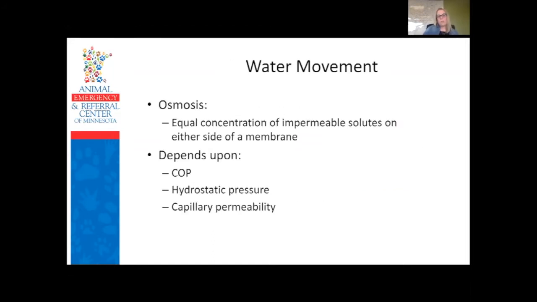So when we're thinking about that water movement, water moves freely via osmosis, which we're all familiar with. Osmosis is where water shifts to achieve an equal concentration of impermeable solutes on either side of a membrane. Osmosis is dependent upon the colloid oncotic pressure, the hydrostatic pressure, and then the capillary permeability of the vessels.